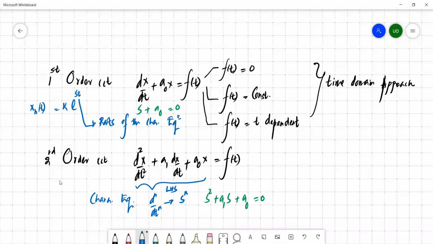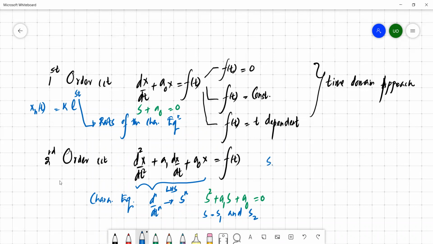But if it is second order, we have two roots, s1 and s2. Then we decide the response based on the roots. For the second order circuit, we have three different types of responses based on the roots of this characteristic equation, s1 and s2.